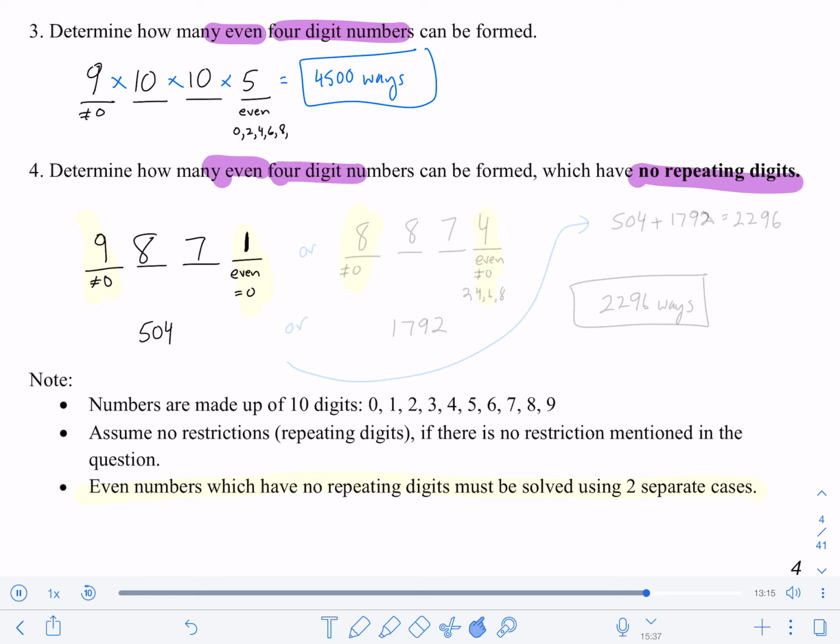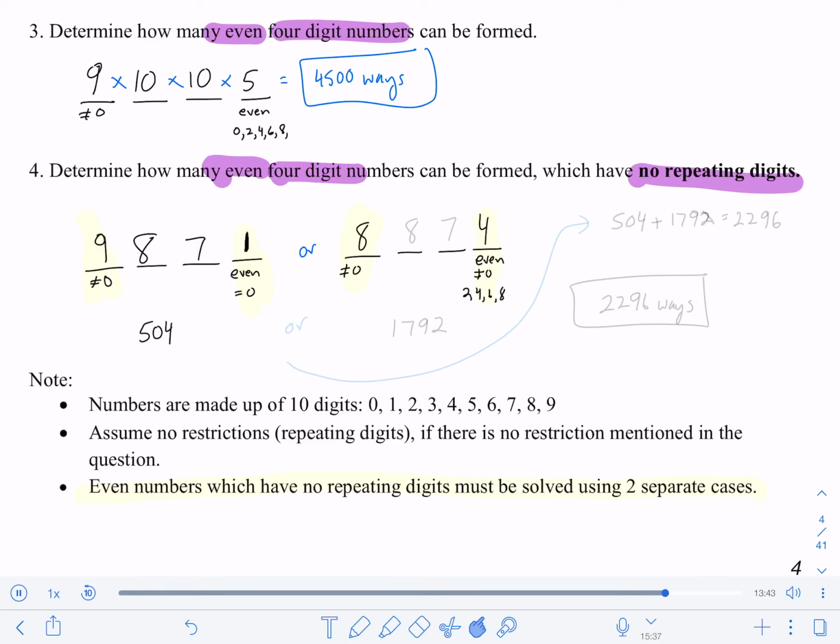Or we could have this other case, and that's where my choice in the back does not include 0. In other words, it's 2, 4, 6, or 8. Only 4 ways to do that. And then when I prevent not 0 in the front, I'm not allowed to use 0, and I'm not allowed to use the number that ended up in the back spot.